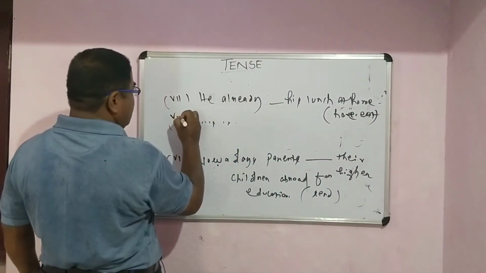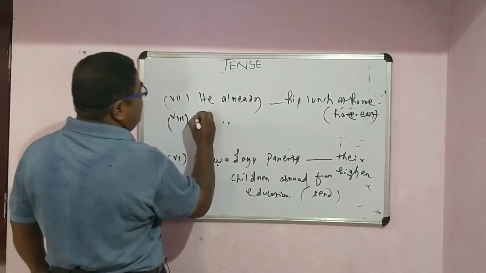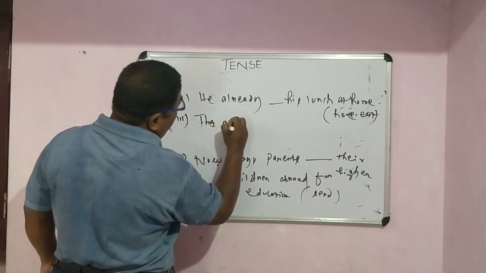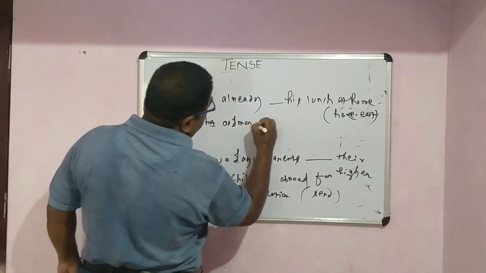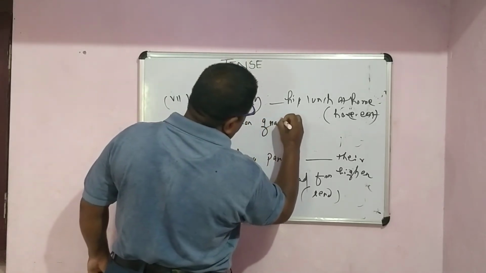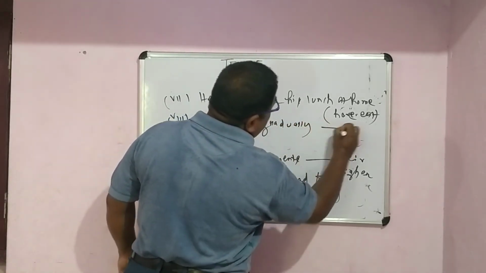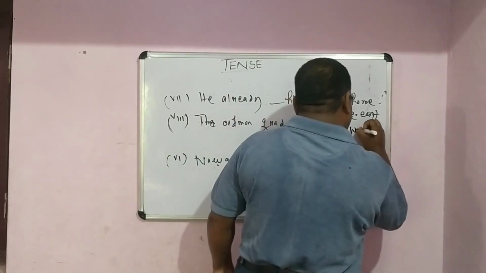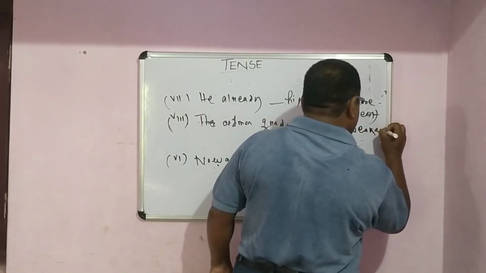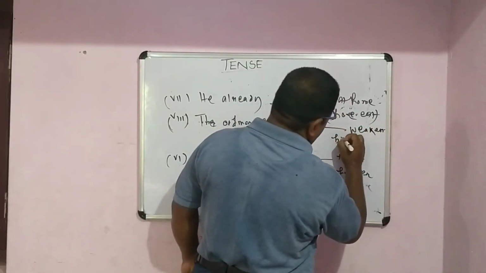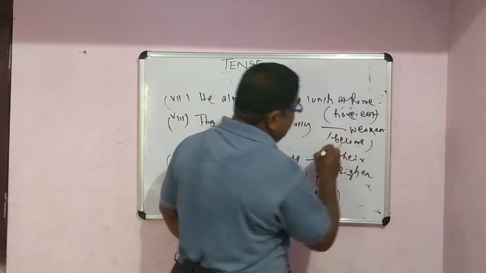Question number 8. The old man gradually dash weaker. Within the bracket, become. Become is the verb.